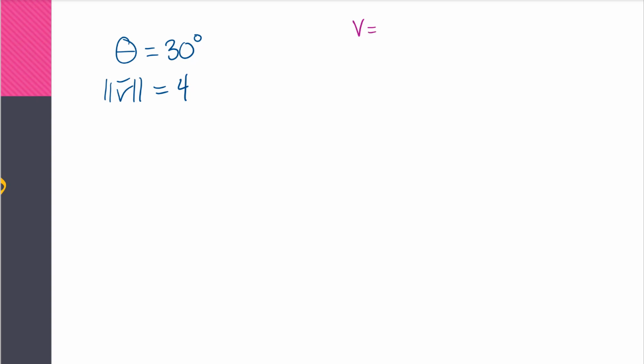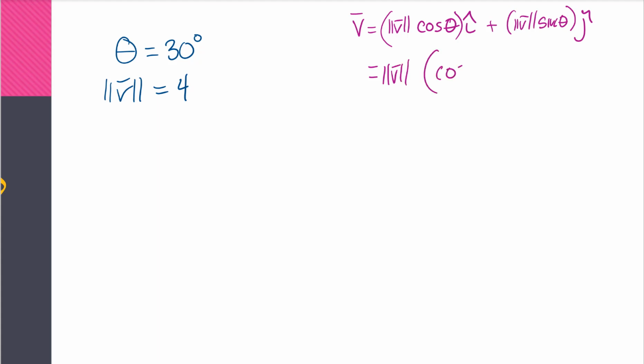So our vector v is equal to, and maybe we write it in this way, just our magnitude times cosine of theta i hat plus the magnitude of vector v times sine of theta j hat. And we're going to move this around where we just keep the magnitude all the way on the outside, and we write it like this as well.